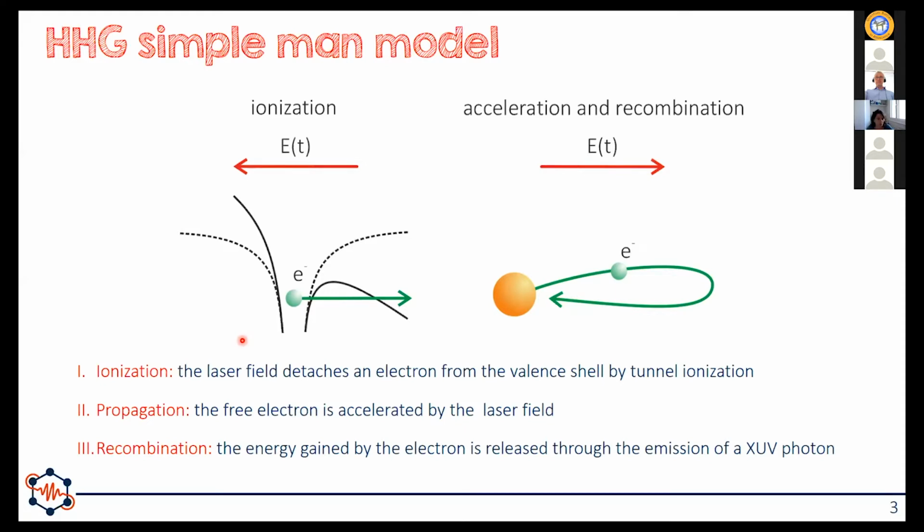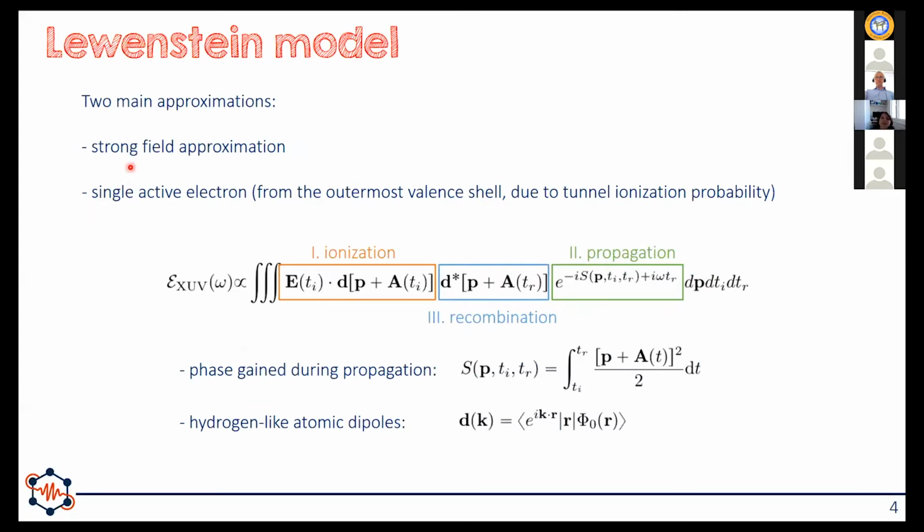And this can beautifully be depicted in a quantum model, which is the Lewenstein model, that relies on two main approximations, which is the strong field approximation and the single active electron. So we basically ionize only from the outermost valence shell because of the tunnel ionization probability.